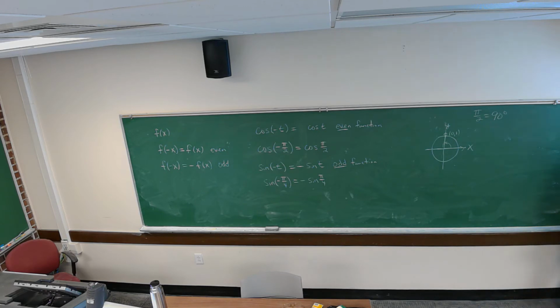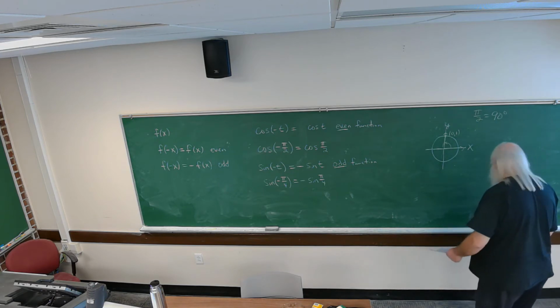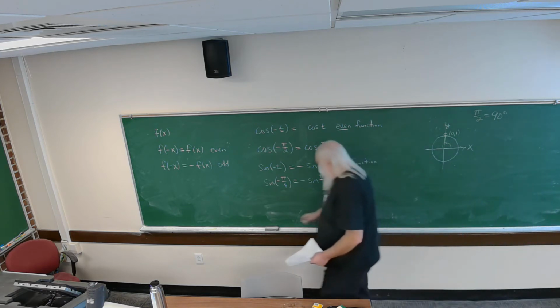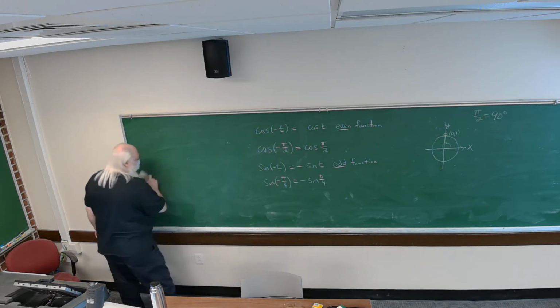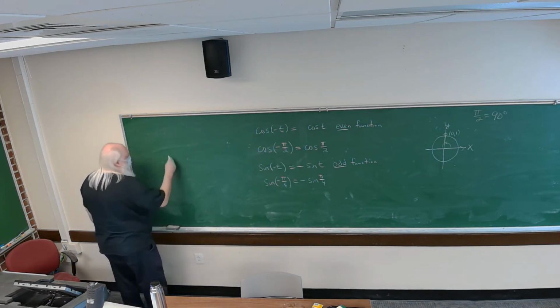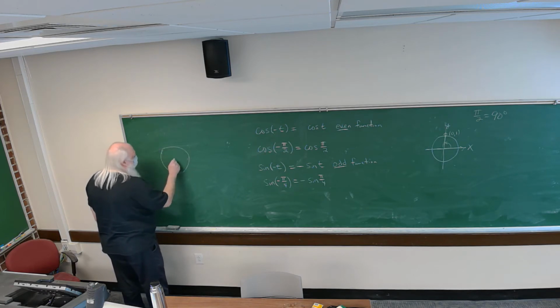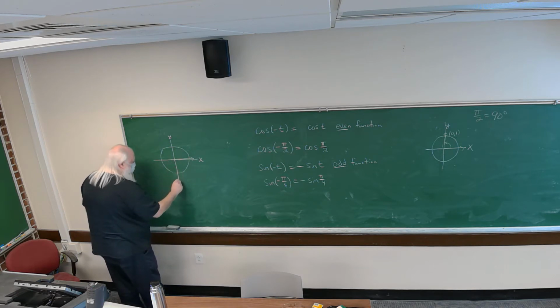In the third example, we have the angle 3 pi over 2. Here's the initial side. The terminal side goes straight down from the origin.